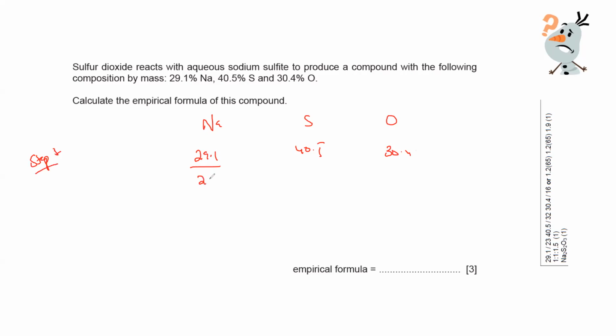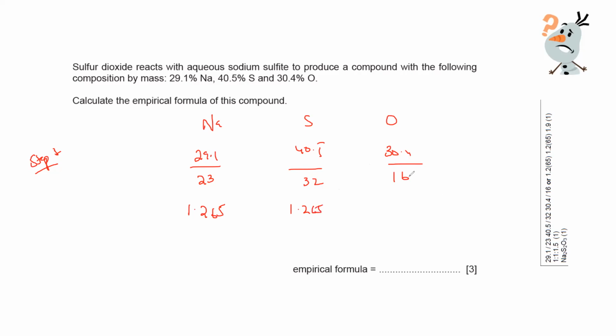Sodium is 23, sulfur is 32, and oxygen is 16. 29.1 divided by 23 equals 1.265. 40.5 divided by 32 equals 1.265.